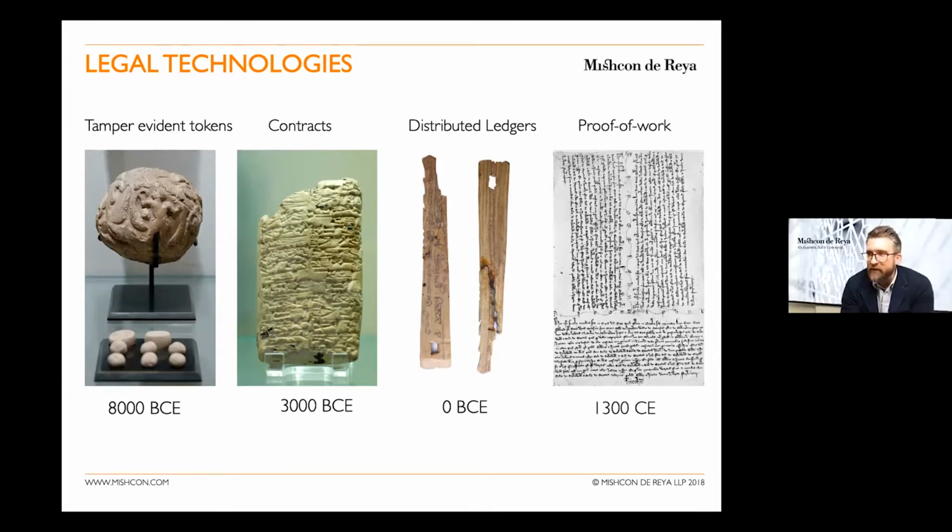And then obviously we get to written contracts, still a few thousand years ago, and probably the two technologies on the right-hand side are less well known. At least you're less likely to see them in a museum.